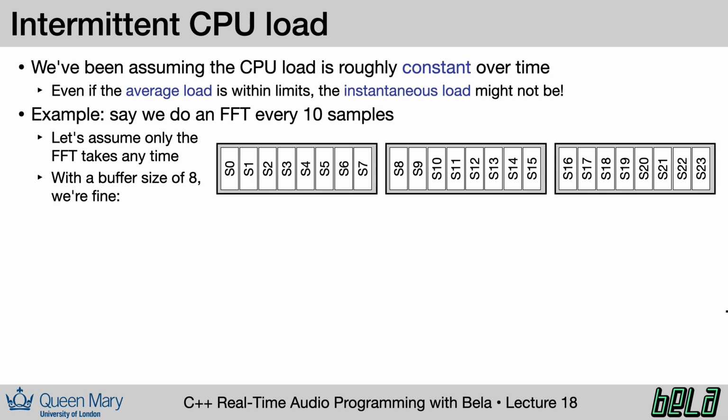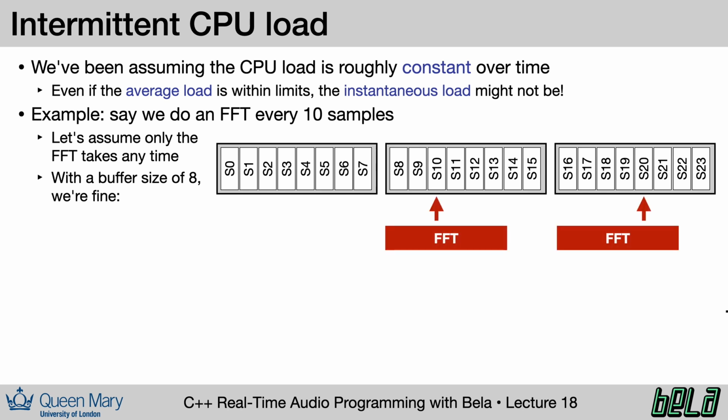Let's take an example where we want to calculate an FFT once every 10 samples, and suppose that this is how long it takes to run the FFT. If our real-time buffer size is 8 samples or larger, we're fine because the amount of time it takes to calculate the FFT is less than the interval between real-time blocks. And remember that whenever we call render with a new block of audio, we already have access to all 8 samples of the block.